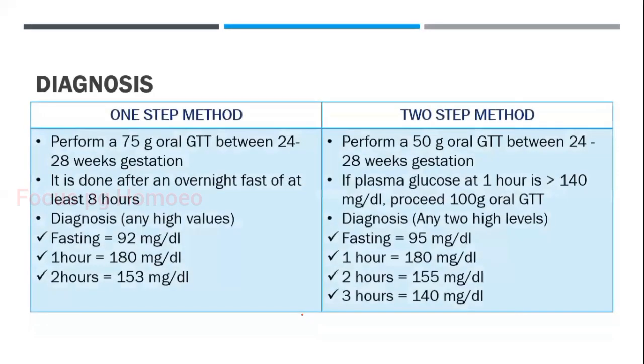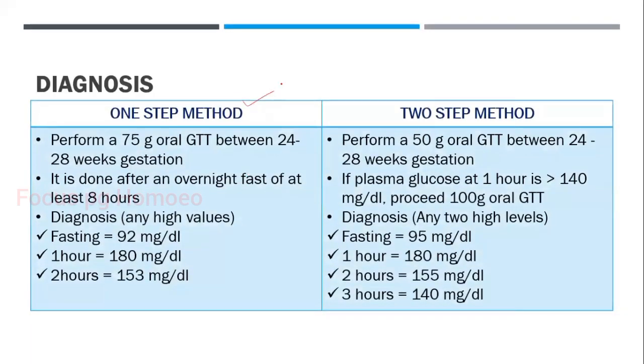Now, how is the diagnosis done for gestational diabetes? One-step method is there and two-step method is there. In the one-step method, the woman is given 75 gram oral GTT, glucose tolerance test, between 24 to 28 weeks gestation. It is done after an overnight fast of at least 8 hours. If any one value is high, then it is diagnosed as gestational DM.